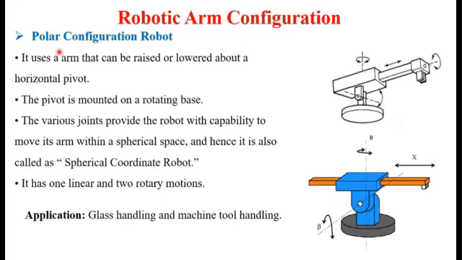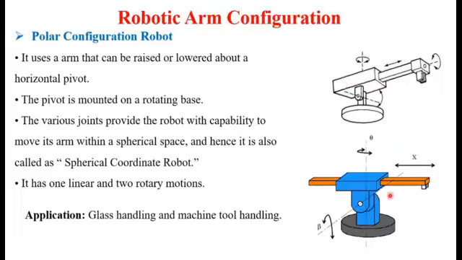The third type is the polar configuration robot. Here in this figure we can see the polar configuration robot. It uses an arm that can be raised or lowered about a horizontal pivot. This pivot mount is on a rotating base, and the various joints provide the robot with the capability to move its arm within a spherical space, and hence it is also called a spherical coordinate robot.